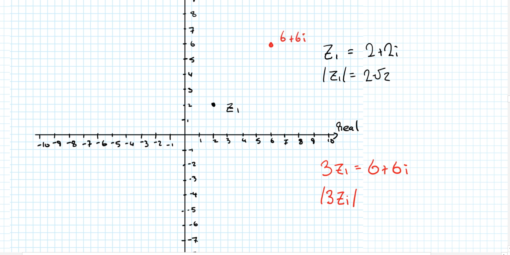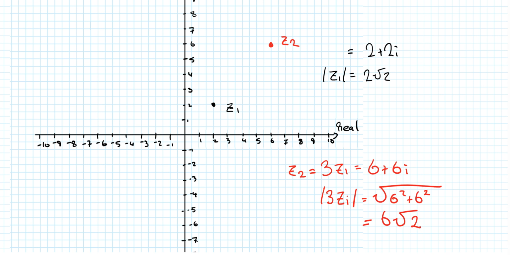Let's say Z2 is equal to 3 times Z1, so let's call this Z2. The modulus of it would be the square root of 6 squared plus 6 squared. It's the square root of 36 plus 36, which is the square root of 72, which works out to be 6 root 2, if you put that into your calculator. What have you noticed about the relationship here?